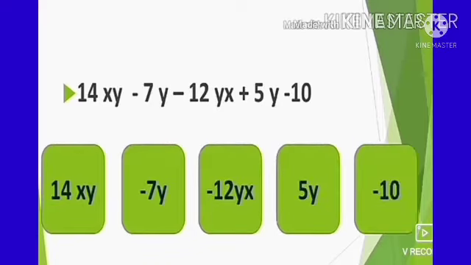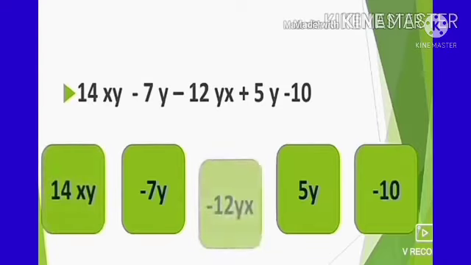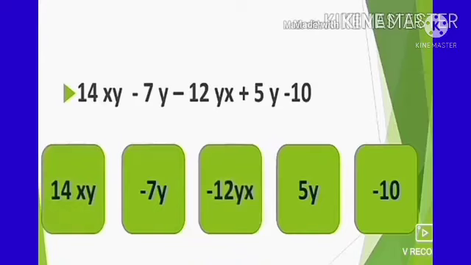The terms 14xy and minus 12yx are like terms in xy, and also minus 7y and 5y are like terms in y. But we can't group the terms 14xy, 7y and minus 10 as they do not have the same variable.